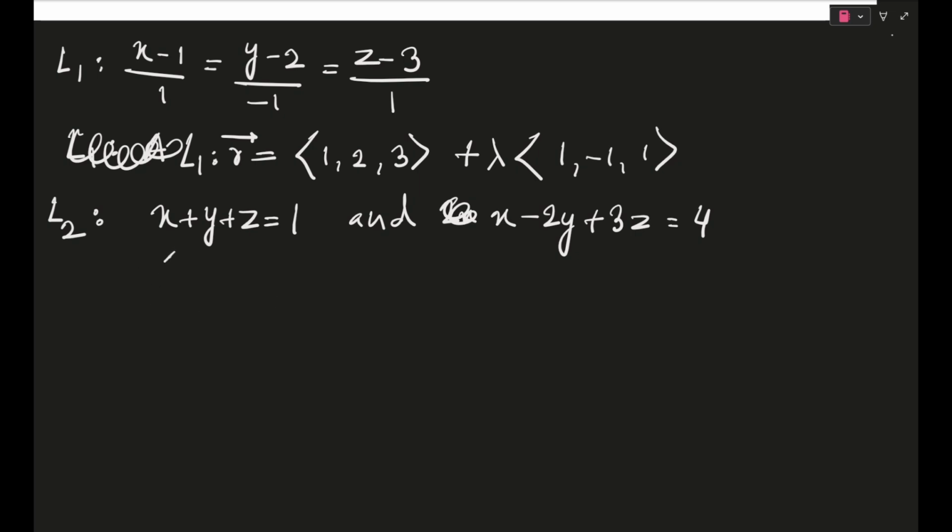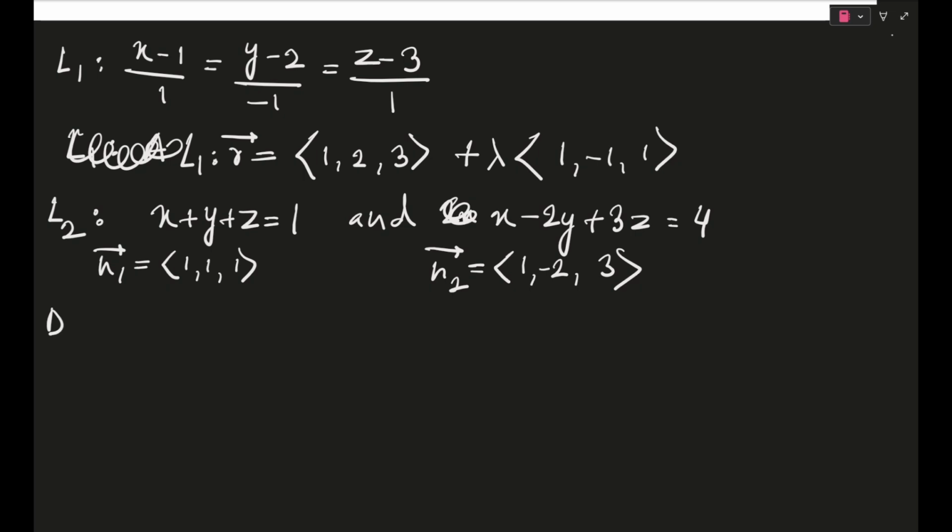The direction vectors for these two planes are (1, 1, 1) and (1, minus 2, 3). I hope everyone knows this: these are the normals to the planes. So this is n1 and this is n2, the respective normals to the two planes.